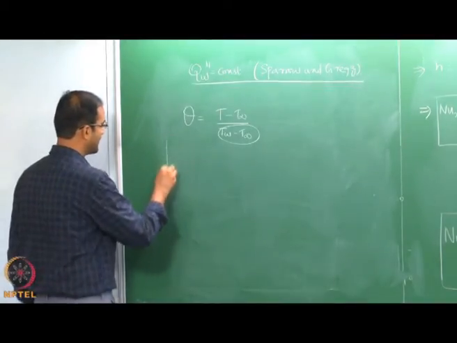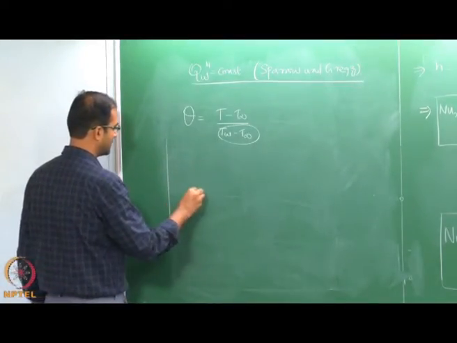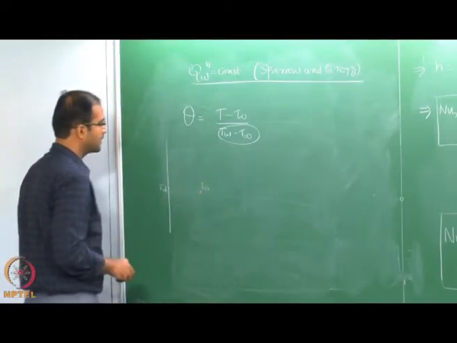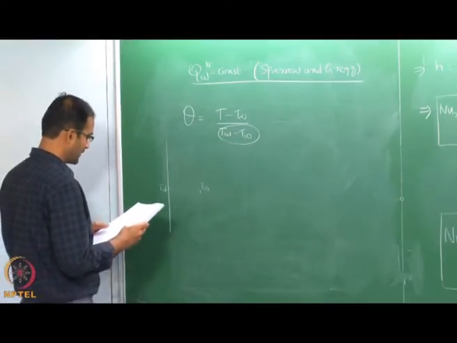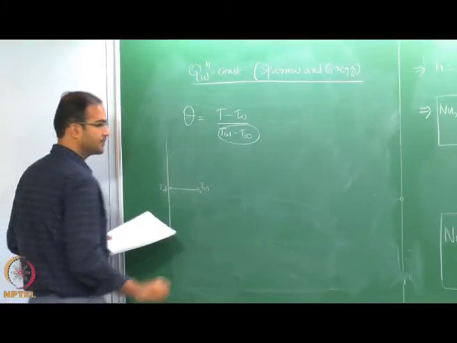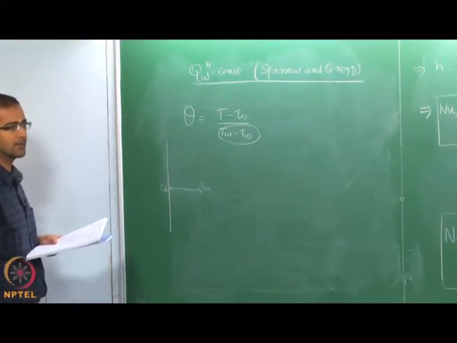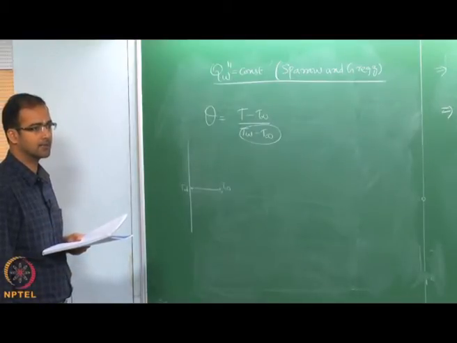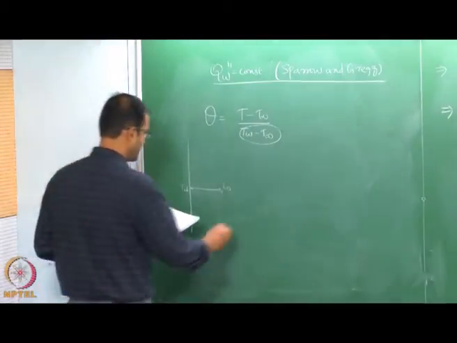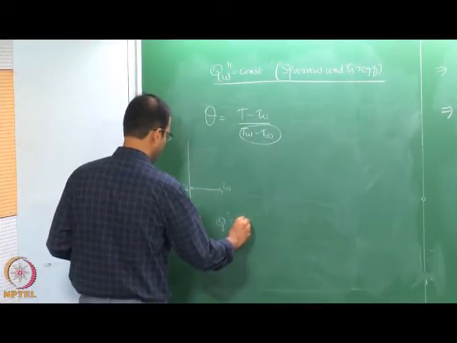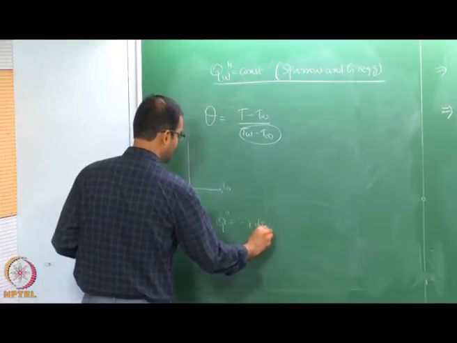So, similar to the flat plate case, what we can do is assume this is your T wall, this is your T infinity, and therefore, we can relate some kind of scaling to convert this temperature difference into heat flux using the Fourier conduction equation. So, what we can say is that q double prime is equal to minus k dT by dx.